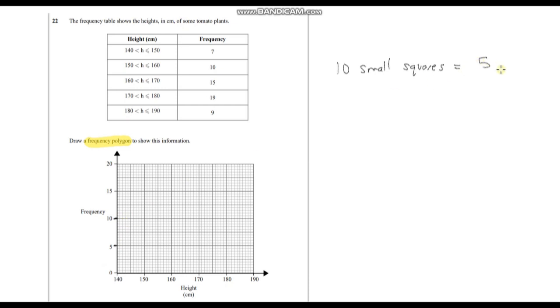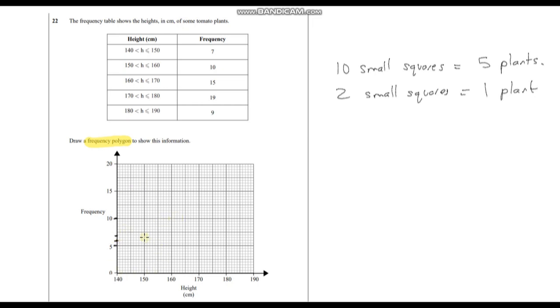So it's not quite a one-to-one relationship on our axis. Therefore, every plant is going to be 2 small squares. So 7 is going to be 6, and that's going to be 7.